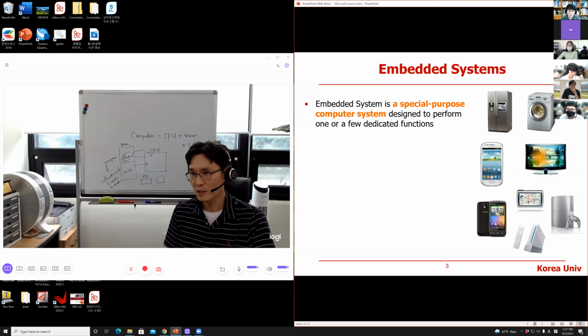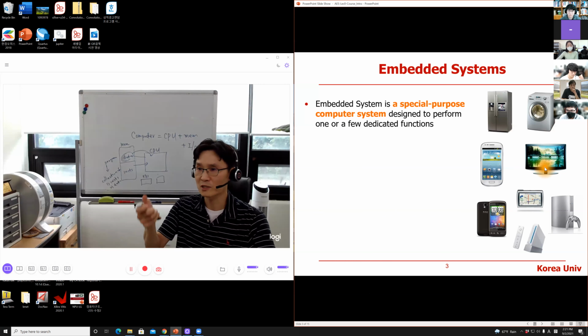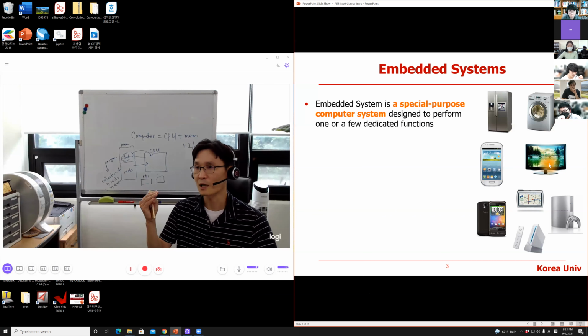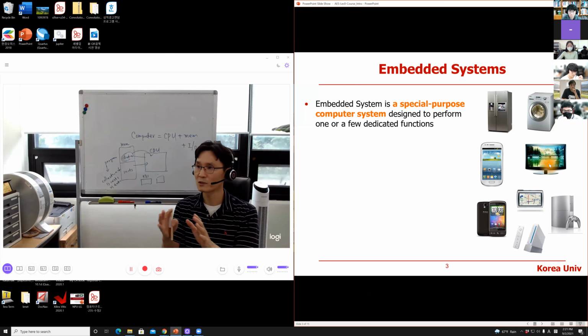And how about the computer inside a TV? The computer inside the TV is responding to your remote, right? You are using your remote, changing channels and increasing or decreasing volume by pressing some button on the remote controller, right? So that computer is built to respond to your remote. And sometimes the computer is processing some data and showing you the program schedule, right?